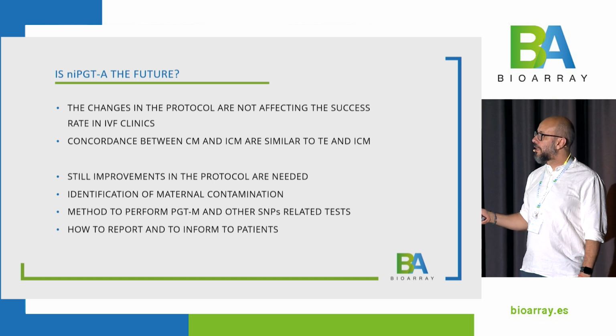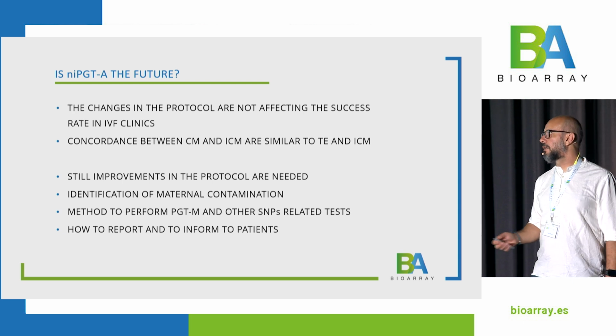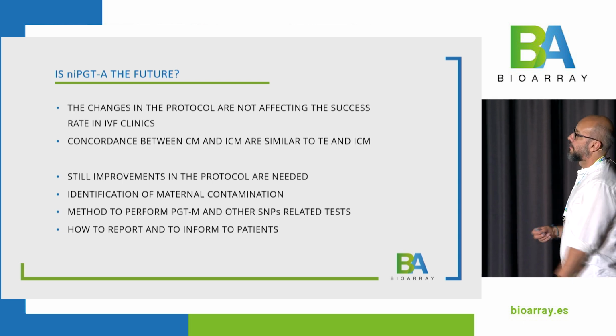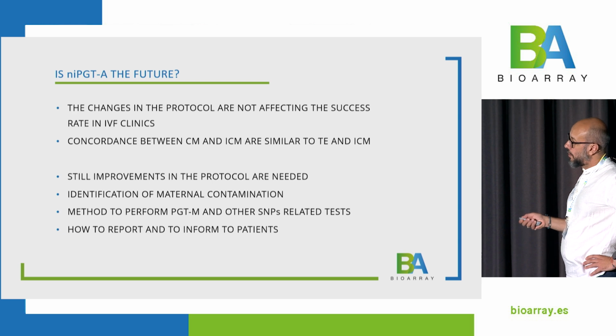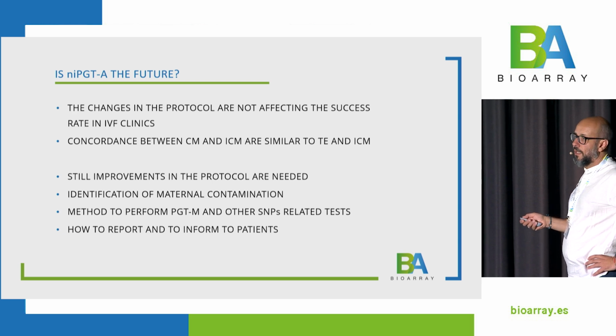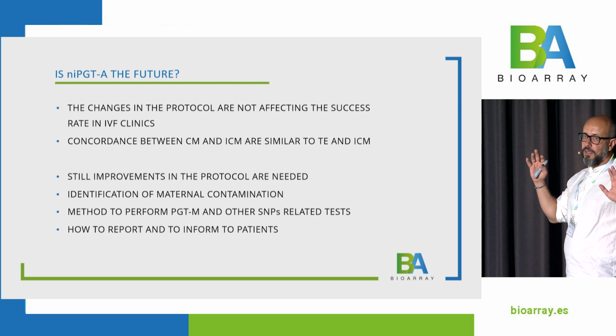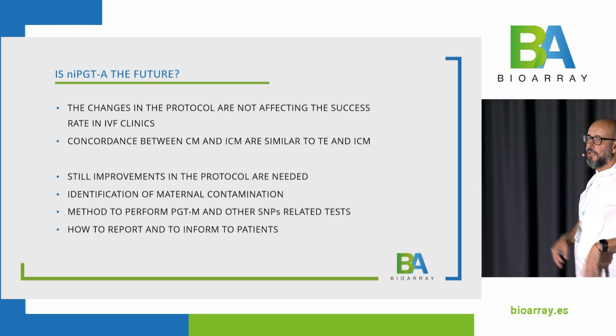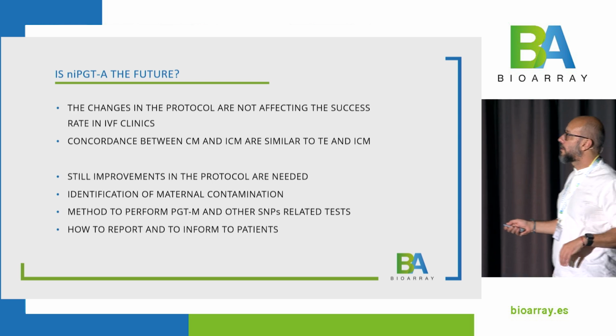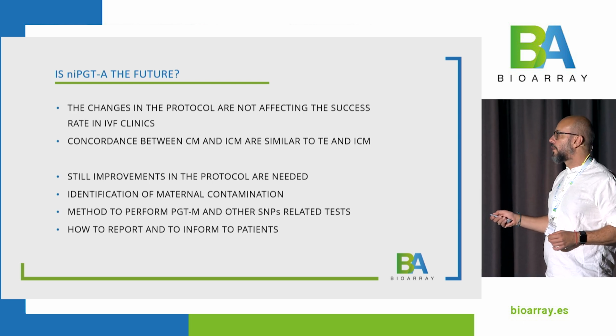Then also because very recently a couple of papers have been published showing that when you look at the concordance between the culture media and the inner cell mass, the concordance with validated IVF centers is around 90%. That is exactly the same concordance that we have if we look at trophectoderm biopsy and inner cell mass.